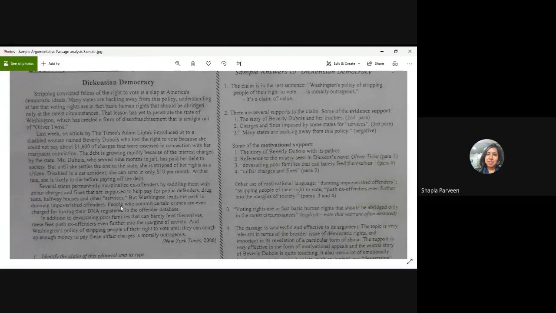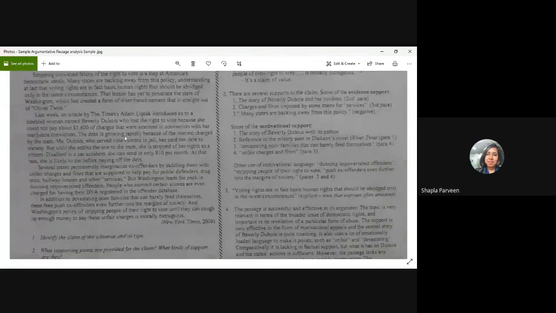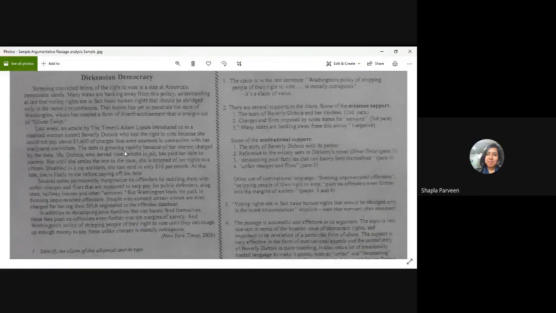That's the writer's main viewpoint, that it is a basic human right that everyone has a right to vote, and if it's taken away, then it is considered immoral, you can say.